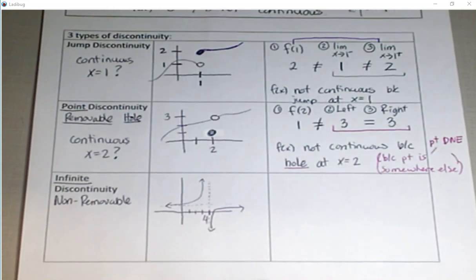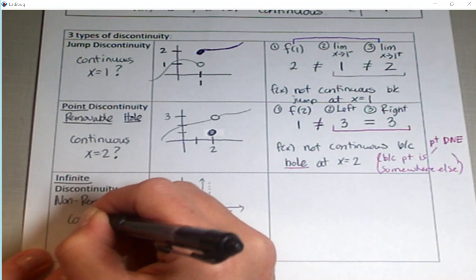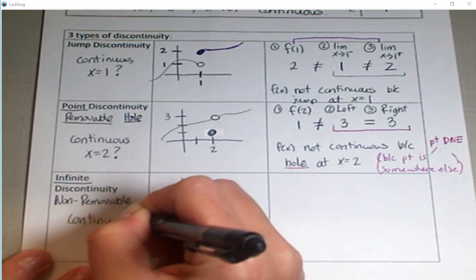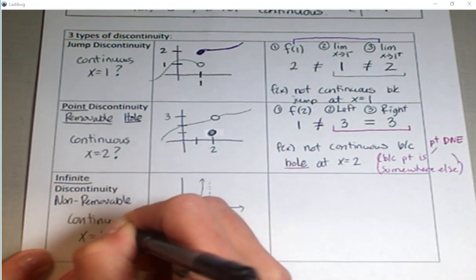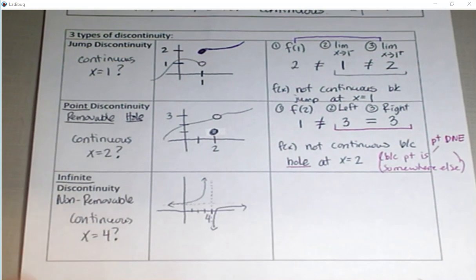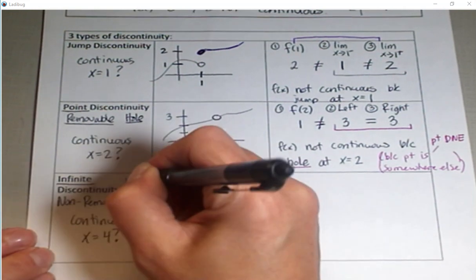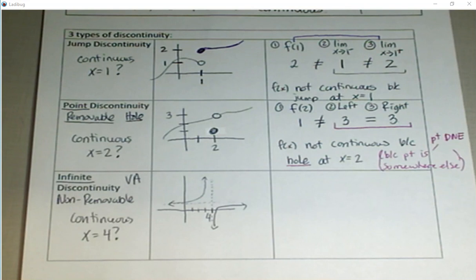Okay, so there's my graph. Sometimes non-removable is also called infinite or vertical asymptote. They say infinite because infinity shows up in the limit statement.